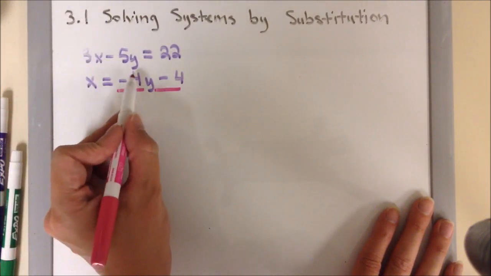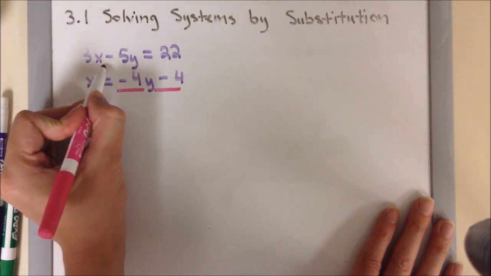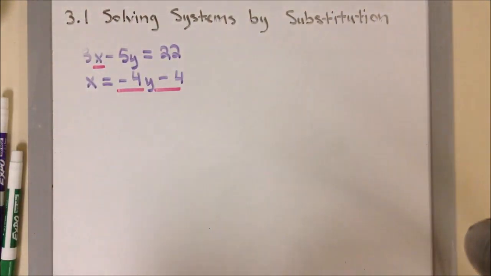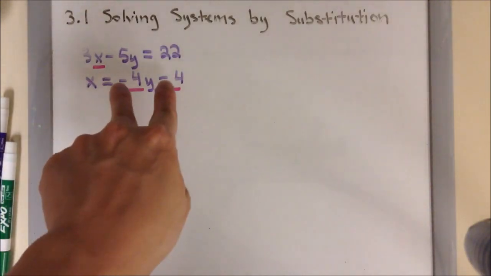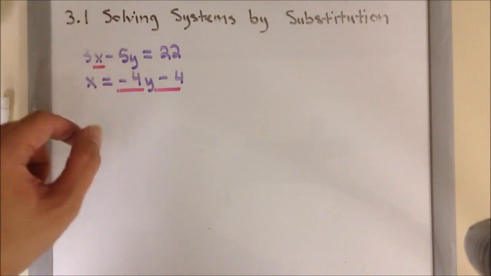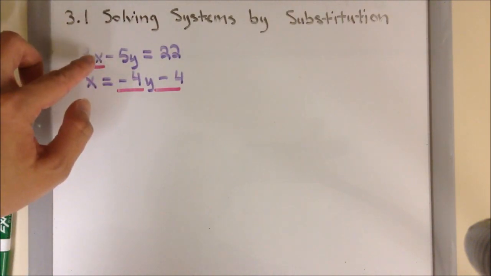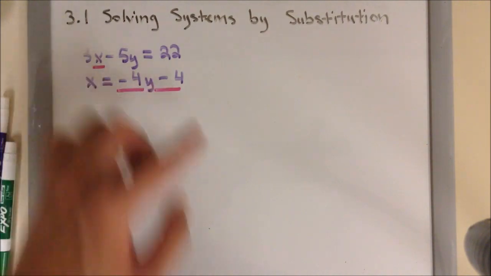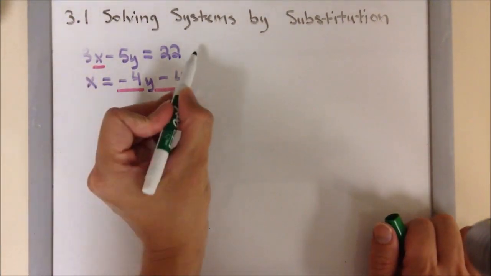We're going to plug the second equation into the x of the first equation. I repeat, we're going to replace x in the first equation with negative 4y minus 4. So this is what it's going to look like.